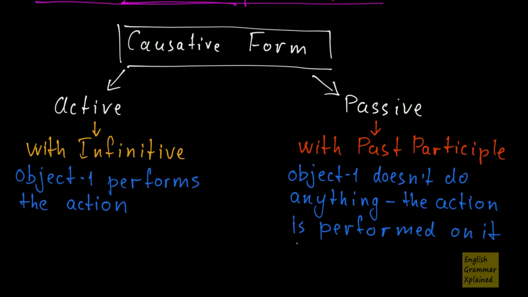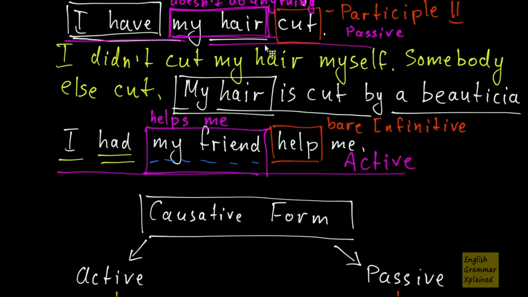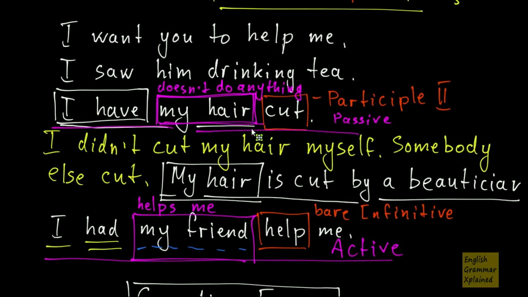That's very important. Some people can say, especially when I have an infinitive in my complex object, what's the difference? Is it causative form or not? If I have an infinitive, that's okay. That's a complex object, and so on.